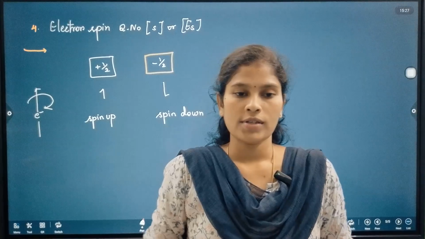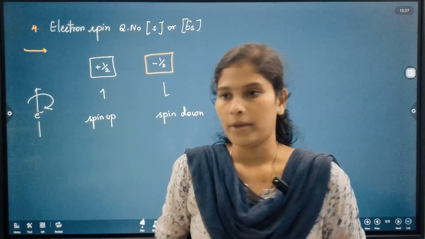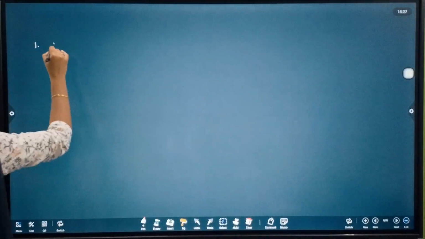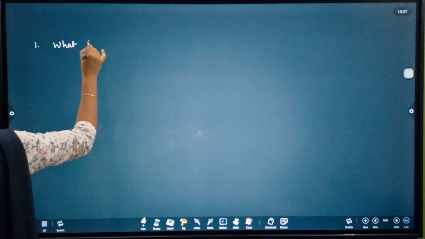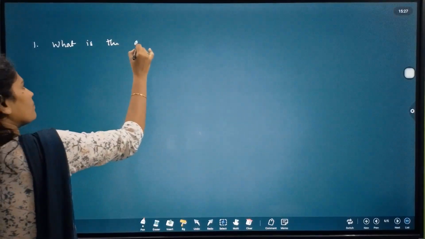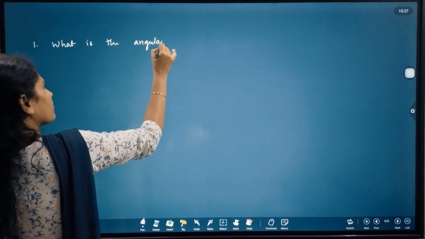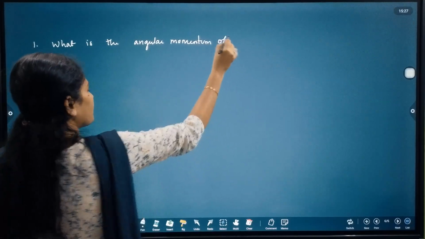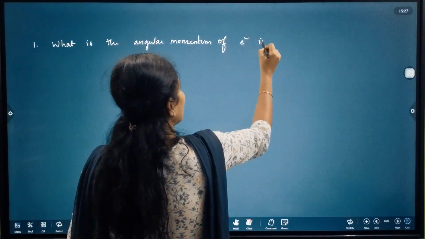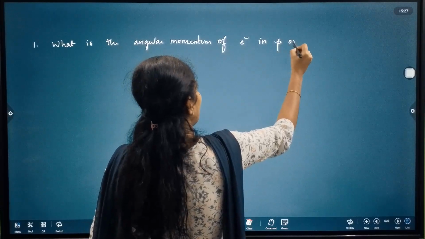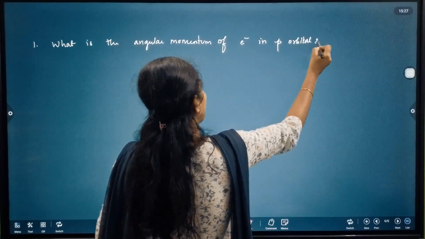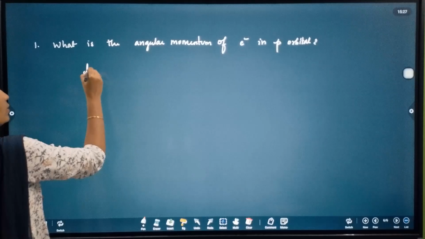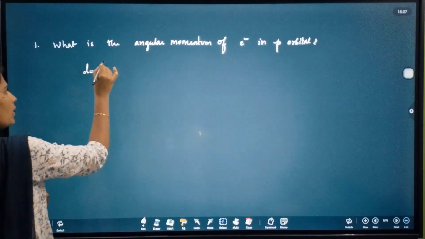Fine. Now we are going to discuss a few questions based on this topic. The first question: what is the angular momentum of an electron in the P subshell or P orbital? First we have to get the L value. If it is a P subshell, L is equal to 1.